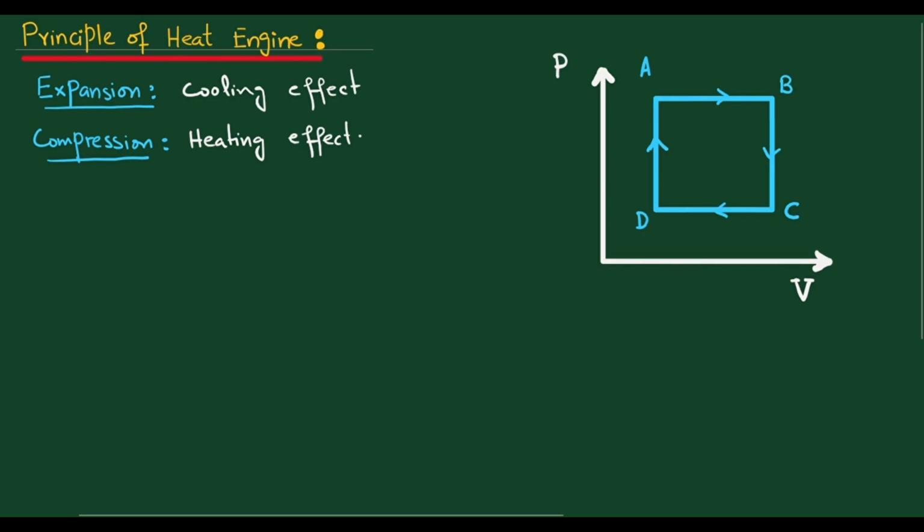As we can see from the diagram, A to B is an isobaric expansion. And we know that the expansion causes cooling.